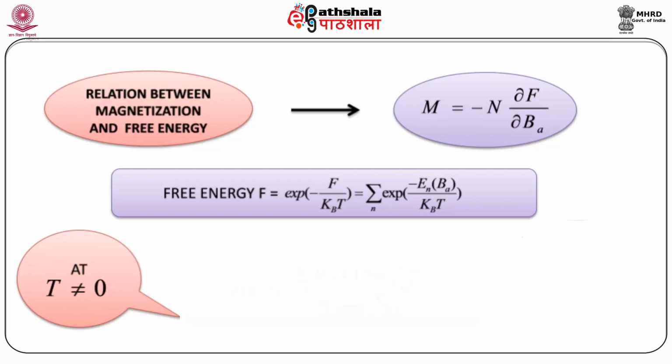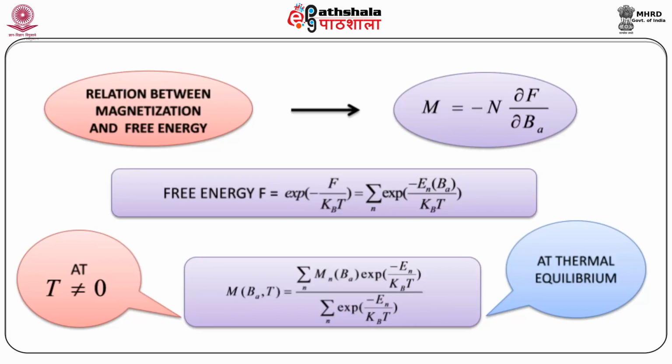At T not equal to 0, at thermal equilibrium, the magnetization can now be rewritten as M as a function of Ba and T equal to the summation over n of Mn(Ba) times e raised to the power minus En by kBT, divided by the sum over n of exponential of minus En divided by kBT. So this is in thermal equilibrium, remember that. Now we need to determine the energy shift induced by a magnetic field in order to calculate the susceptibility.